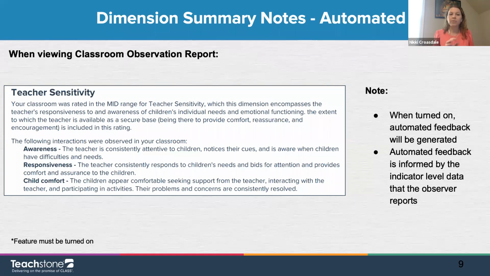You can see that the first couple of sentences are based off the score for the dimension. It was a score in the mid-range, so it's a couple of sentences that explain what a classroom might look like at the mid-range for that dimension, generally speaking. Then there's a list of each of the indicators, and again, those are informed by the ranges that the observer input.